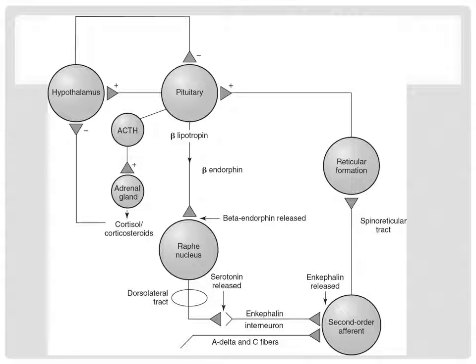So if we look at this now, again, the key here is primarily stimulation of the A delta fibers. Now, obviously, the C fibers still get involved with this, and that's why it's sometimes hard to completely separate the two types of pain control, the level 2 and level 3.